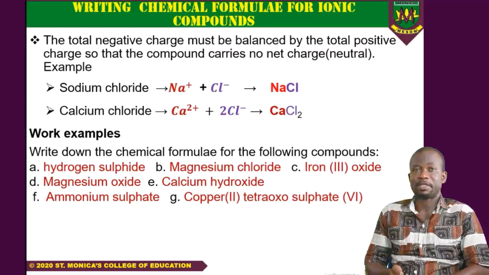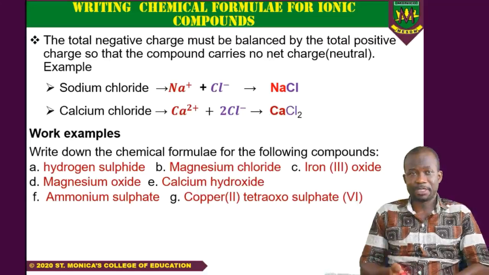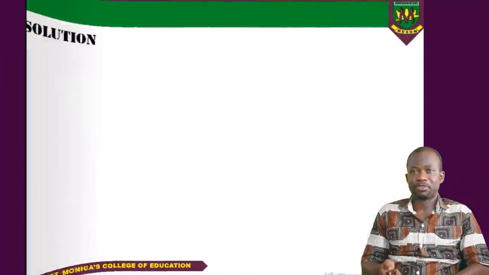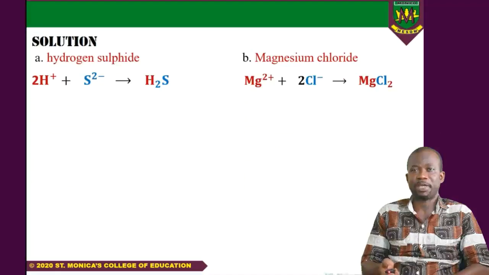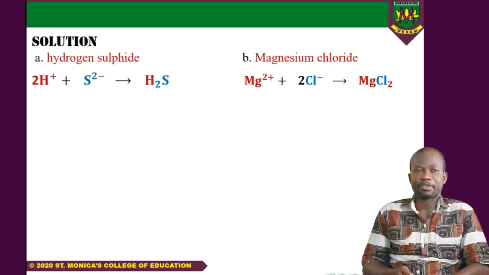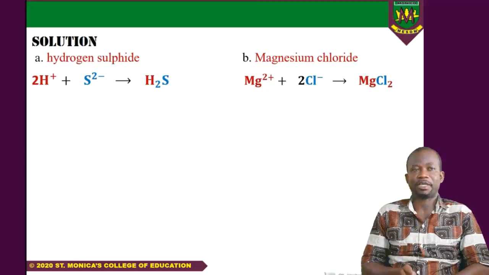The next one is magnesium chloride. Magnesium has atomic number 12, so it gives out the last 2 electrons to become 2+, and then the chlorine, 2 atoms of it, each of them will pick 1, and that is why we have magnesium chloride. This is what I was trying to explain in the diagram. The iron(III) oxide, we have Fe3+ and then oxygen 2-.